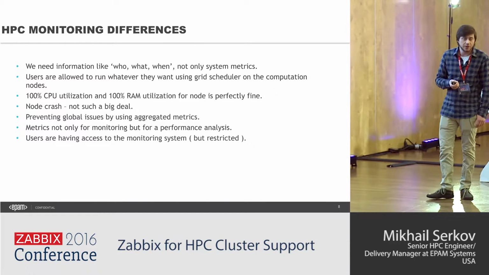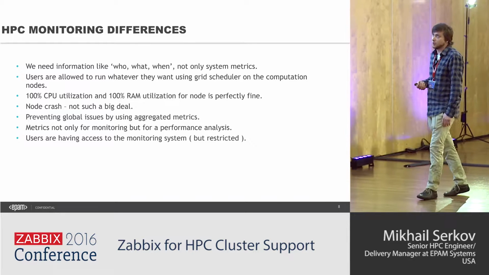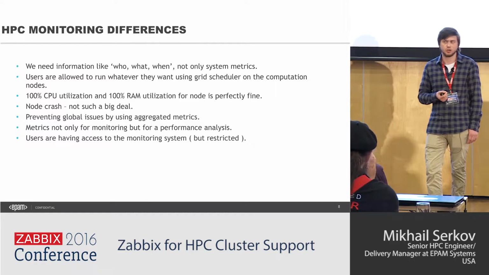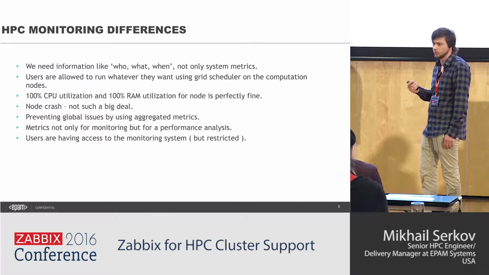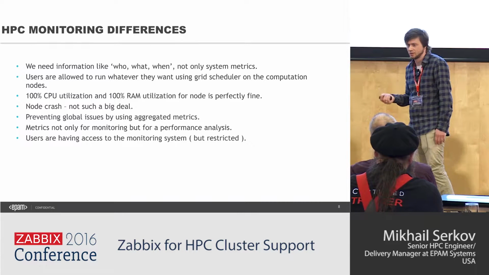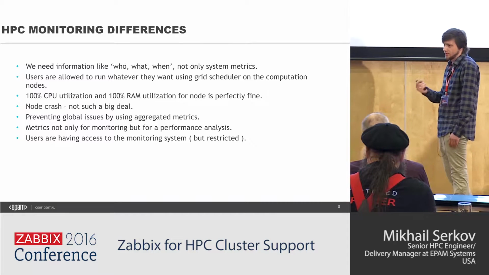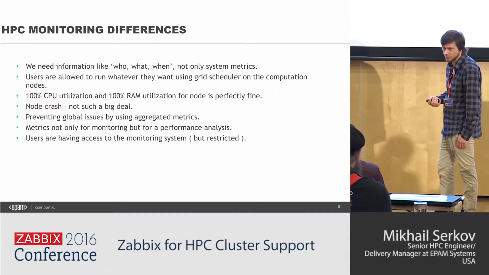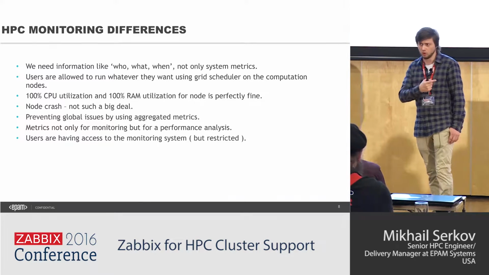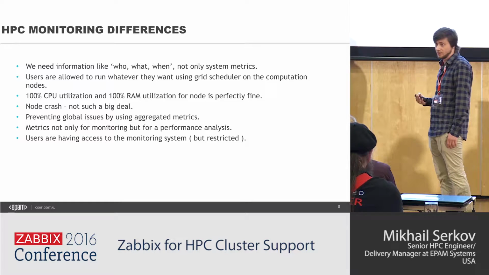We use aggregated metrics a lot. If you just take average CPU utilization for all your infrastructure servers, mail server, database server, web server, it doesn't make any sense. For us, it's the only thing that makes sense, because we aggregate utilization from all computation nodes, and we read it like a book.